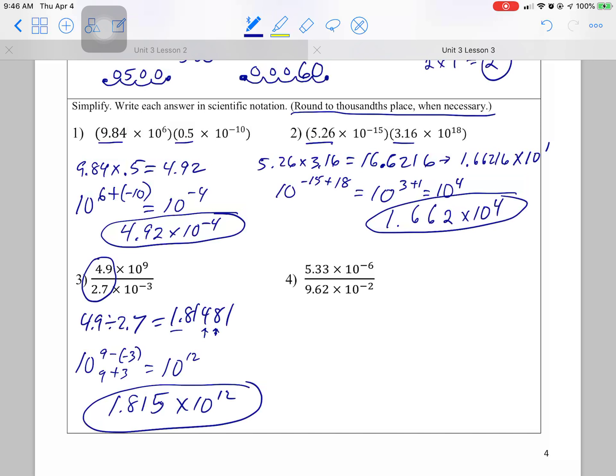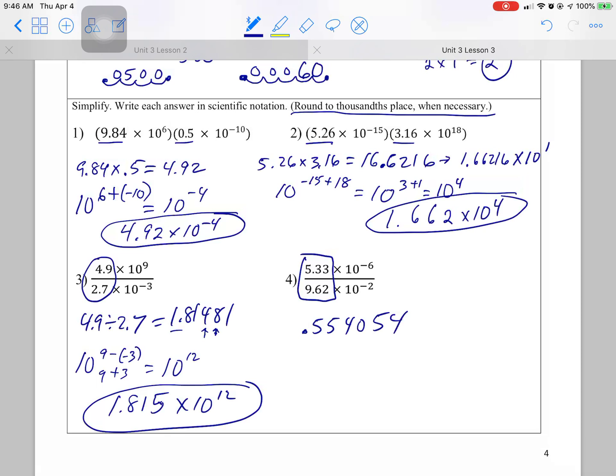5 and above, give it a shove. 4 and below, let it go. All right. Let me check this one. 5.33 divided by 9.62 is 0.55405.